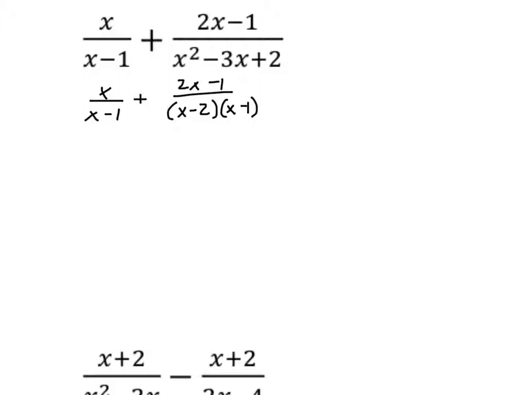So the next thing I'm going to do is identify the parts of the denominator. The parts of the denominator are an x minus 1, which is right here, and then I've got an x minus 2 and another x minus 1.